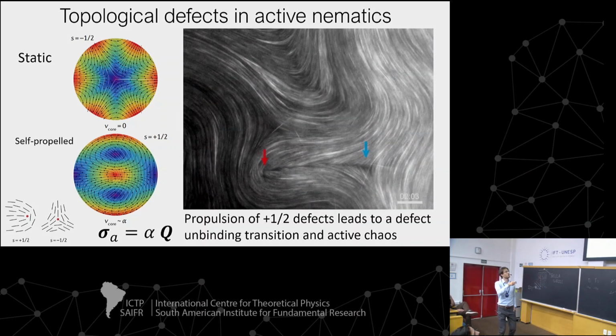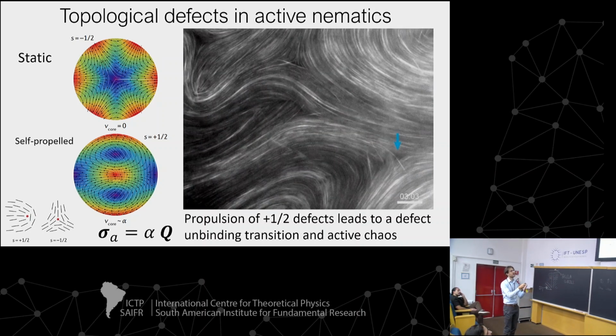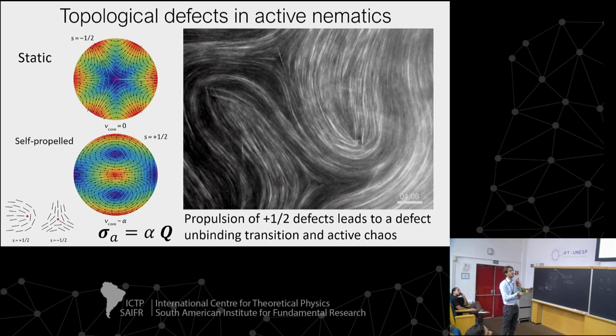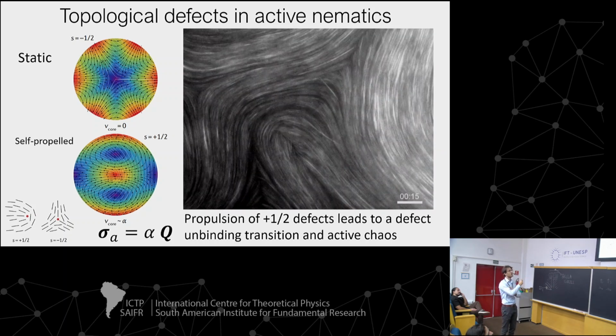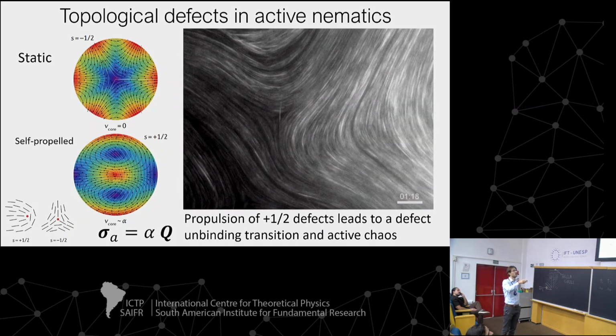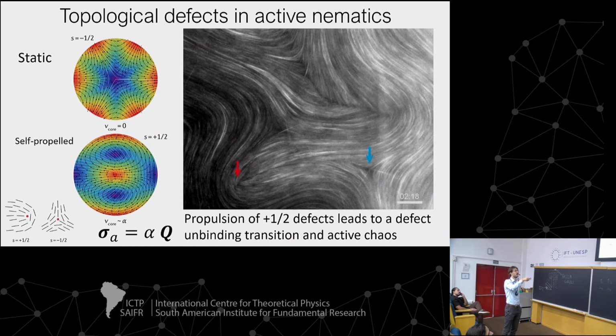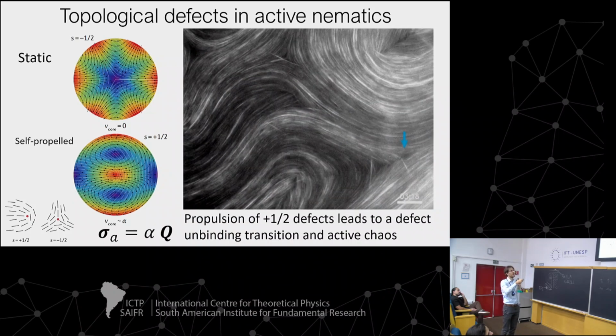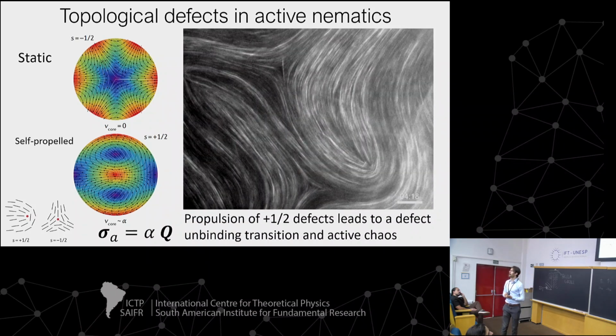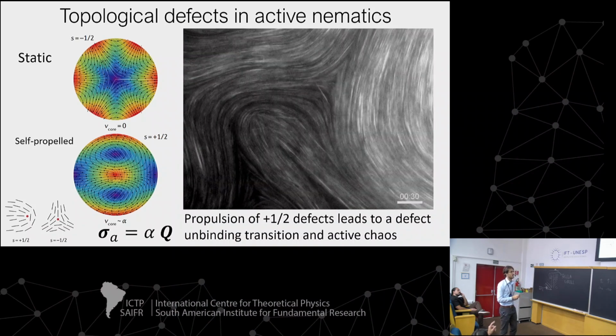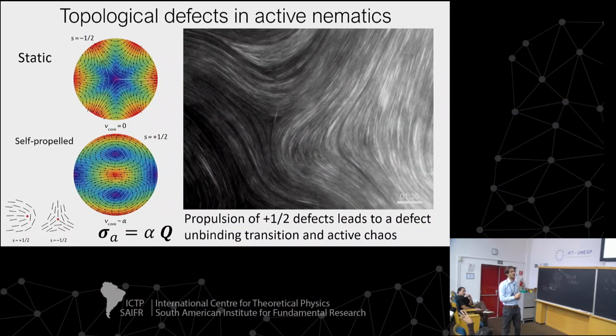So one way to try to understand this very complex pattern-forming system, the kind of chaotic flows you have here, is through the unbinding of these defects and the self-propulsion of this plus half defect that ends up stirring the fluid, leading to interesting chaos.